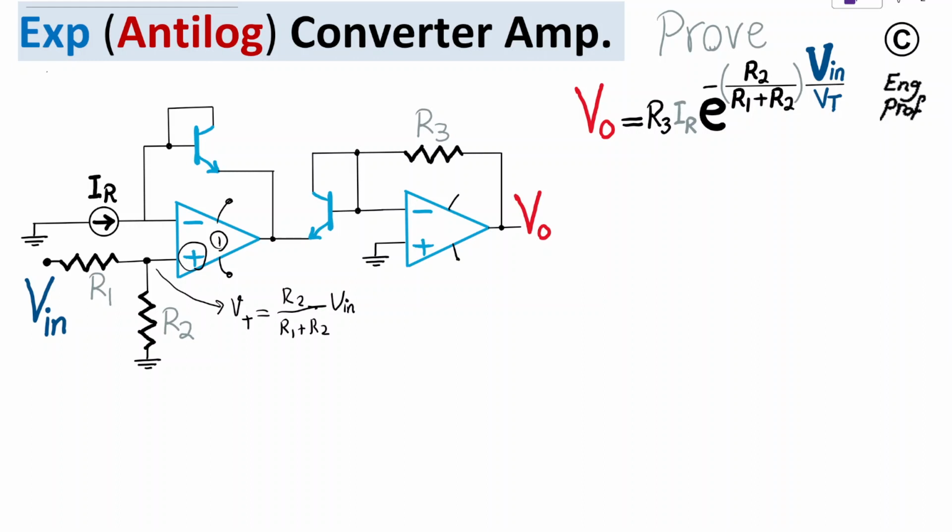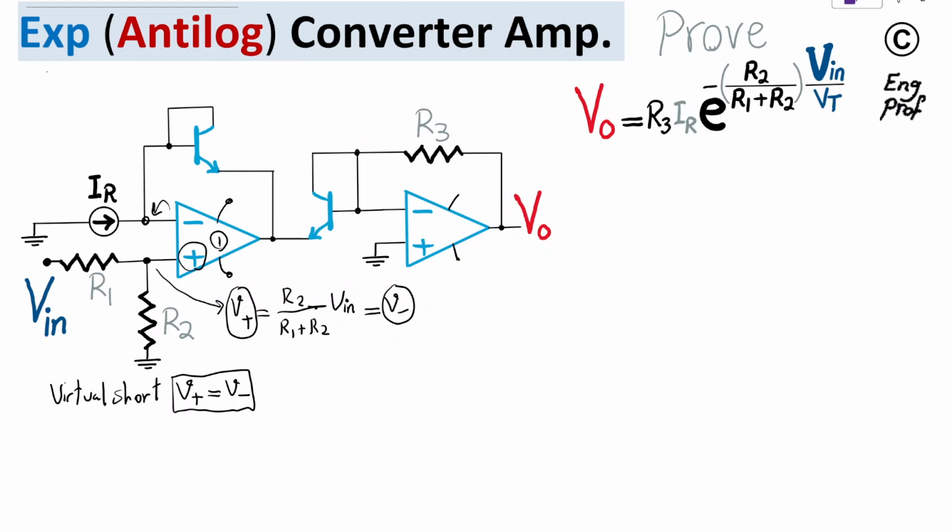As a result of virtual short, the voltage at the non-inverting input terminal, or positive terminal, should be equal to the voltage at the inverting, or negative, terminal. So this voltage we found for V positive should also be the V negative for op-amp number 1. It appears basically here as well at this node.